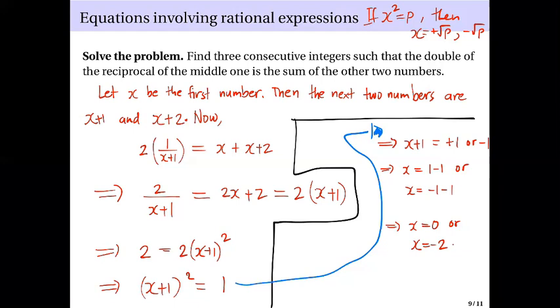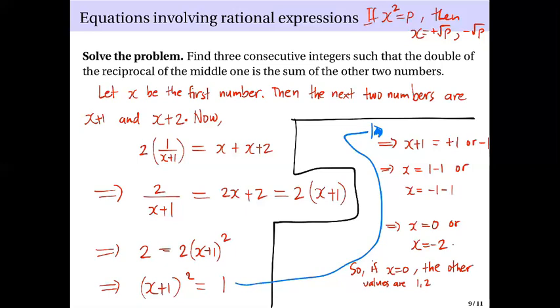So we have the first value for our 3 consecutive integers. So the other values: if x equals 0, the other values are 1 and 2.